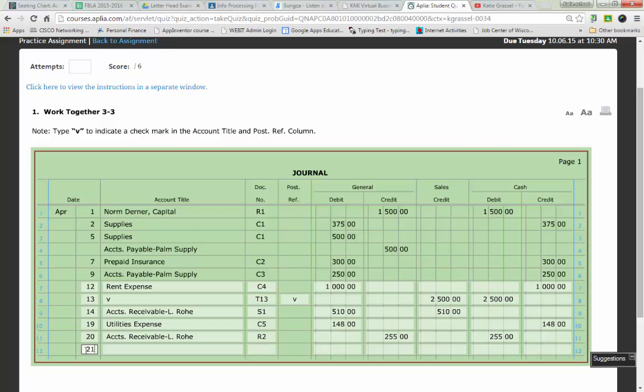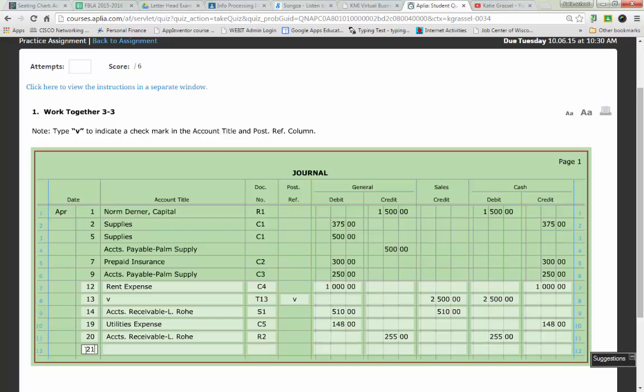The 21st, paid cash to owner for personal use. Dylan, what two accounts are going to be affected? I agree with one of them. One you're just a smidge off on. Norm Dermer drawing. Anytime an owner takes out something from the business for his personal use, we have to use the account drawing.